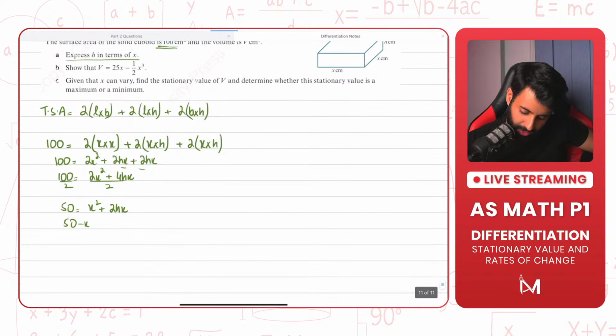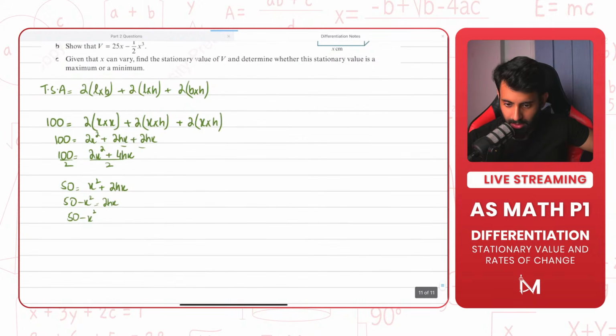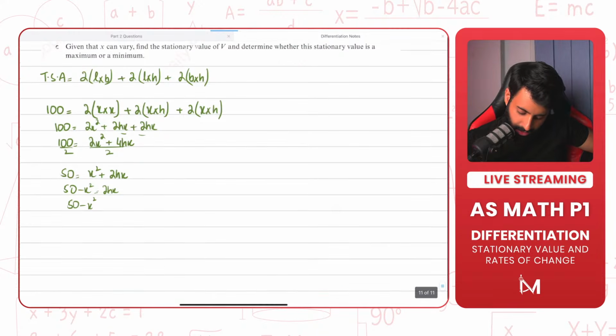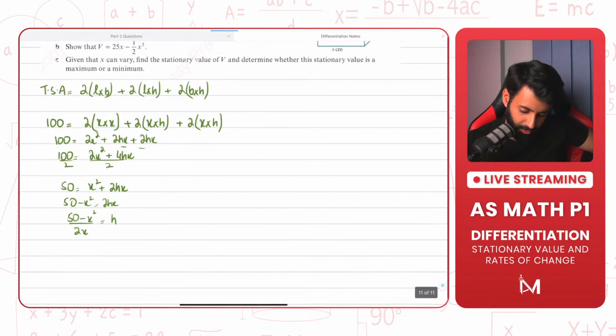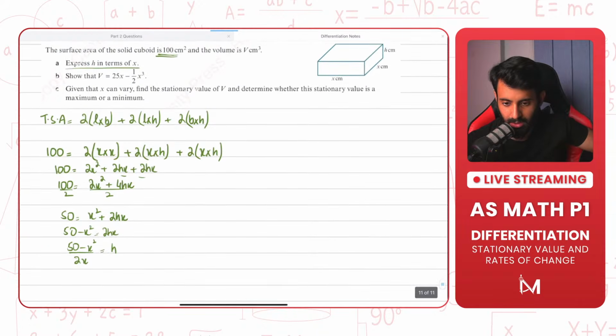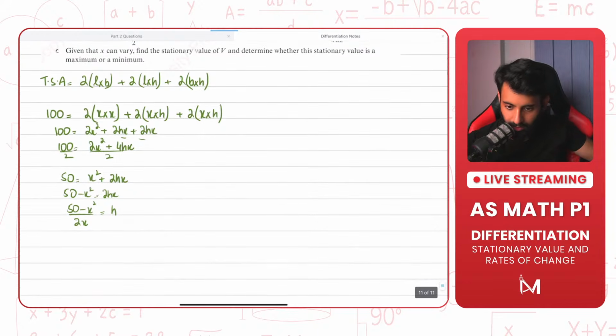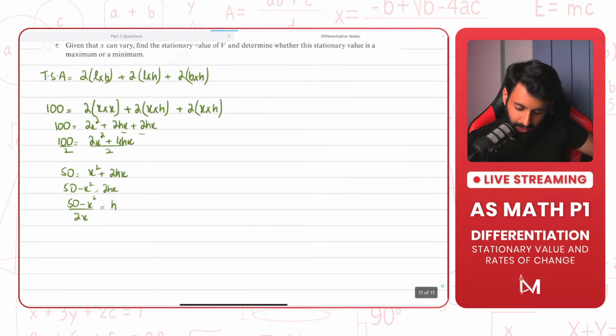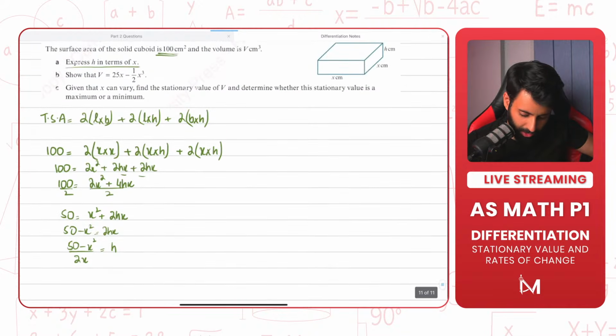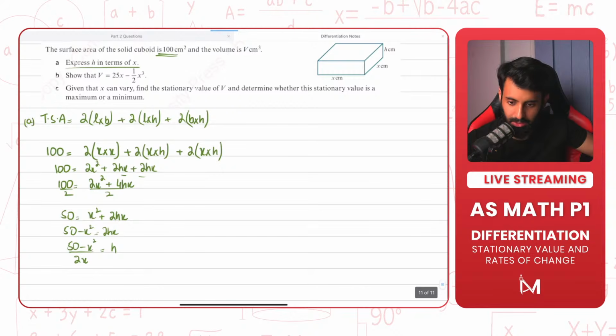So that means 50 minus x squared is equal to 2hx, and we're almost there. 50 minus x squared upon 2x is what height is equal to. That's what we were supposed to do, and there you go. We have just done that. So that's part A. This is what you can expect 9 out of 10 times a question to start like.